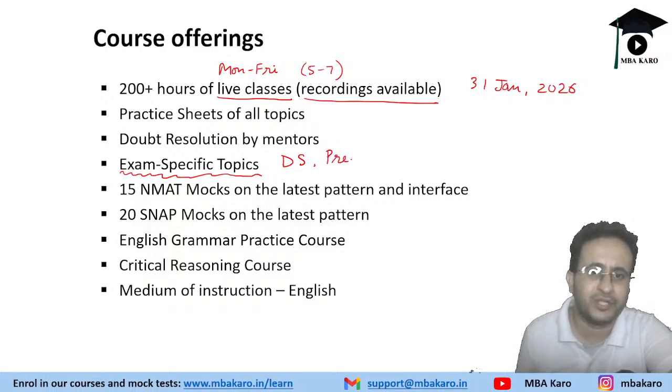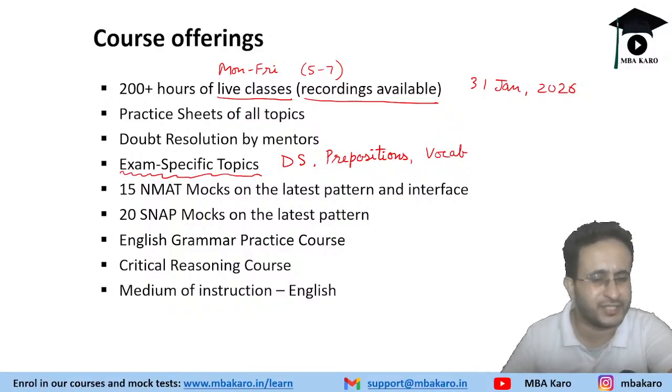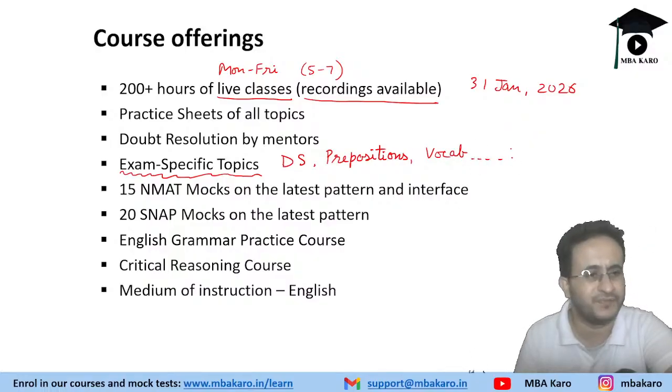Similarly, there are questions on prepositions, which you will not have prepared while preparing for CAT. Similarly, you have vocab based questions, both in NMAT and SNAP, idioms and phrases, syllogisms, clocks and calendars. The list goes on. There are several topics across each of the sections which are not covered under CAT. So we will be covering all these topics in this course.